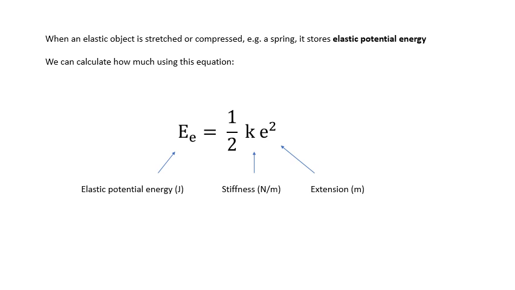For example, it might be the spring constant, and little e is the extension, and that's in meters. I can imagine you might be given that in centimeters, so be careful. It's got to be in meters in this equation. If you want your answer in joules, that has to be in meters. So a half ke squared.